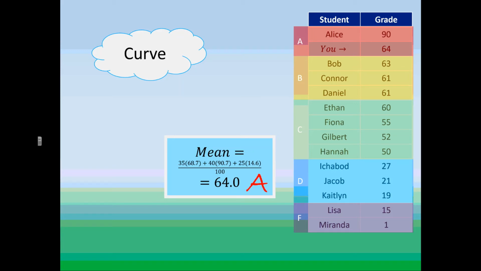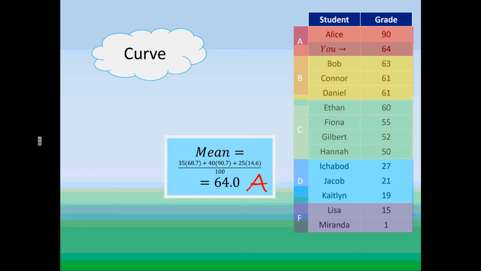This is a ranking system. In very competitive colleges, sometimes you will hear about students sabotaging each other. That is because everything is based on a ranking system. You don't have to be as good as Alice. You don't have to be very good as long as everyone else does worse.